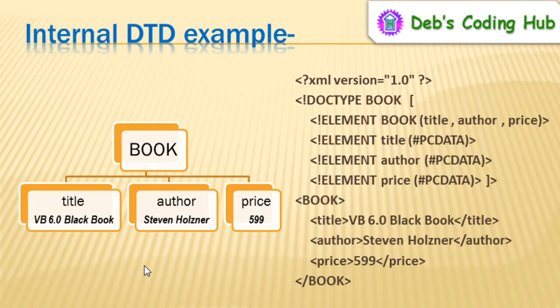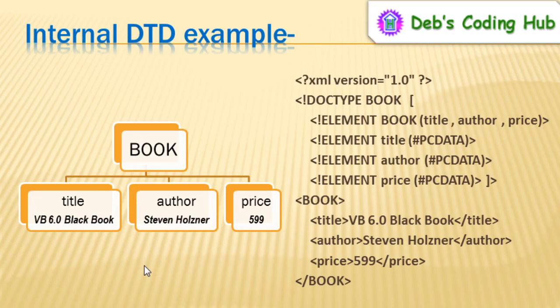So title of the book is Visual Basic 6.0 Black Book. Author is Steven Osner, and price is $5.99. So we need to define an internal DTD for this XML tree. So let us see how we can achieve this.